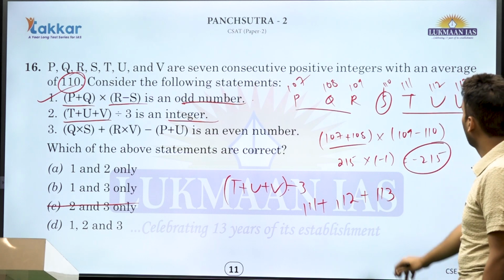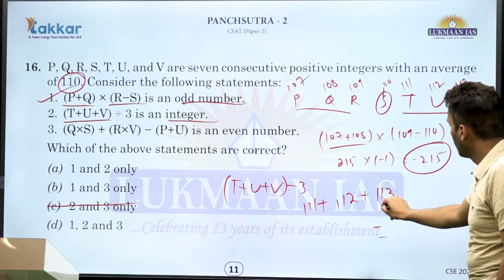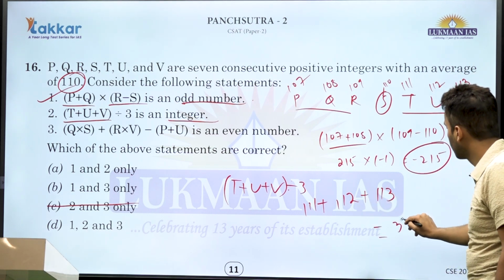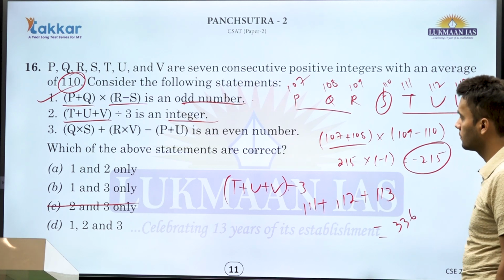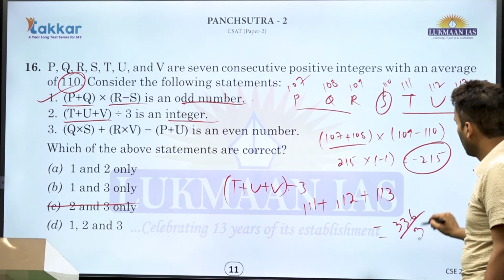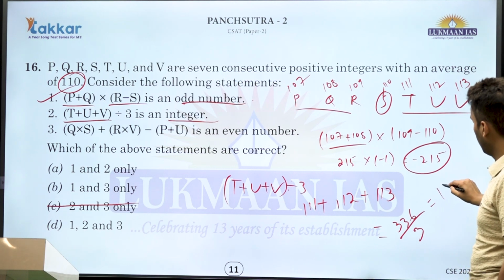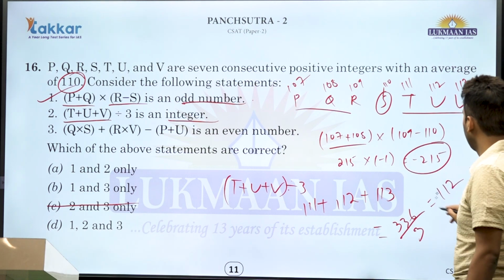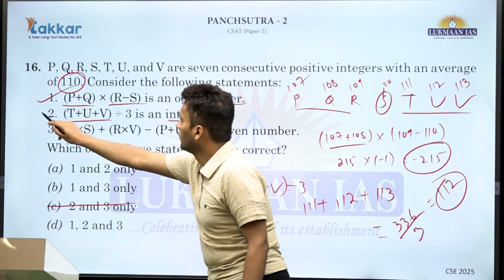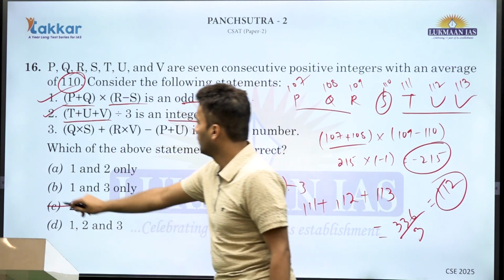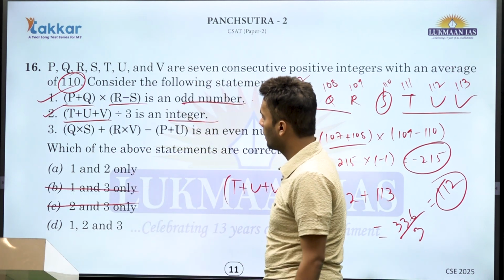So what is the addition? 225, 336. If I am not wrong, 336 is divisible by 3. So this is 112, an integer. So B is also correct. If B is correct, B can be eliminated.